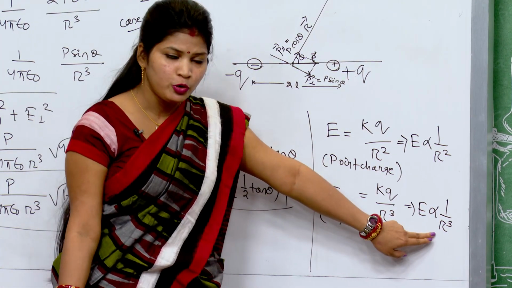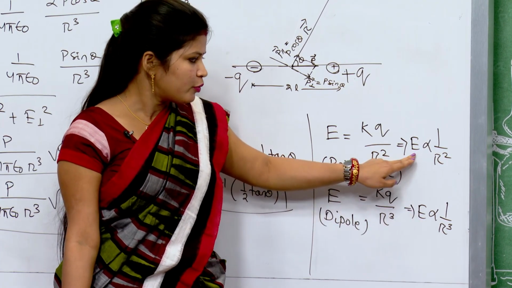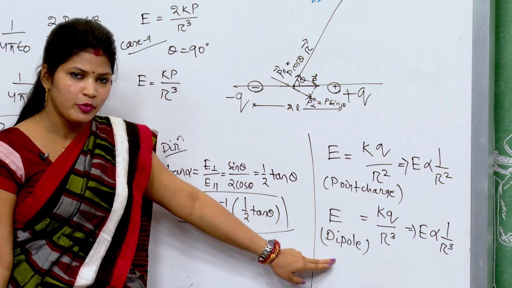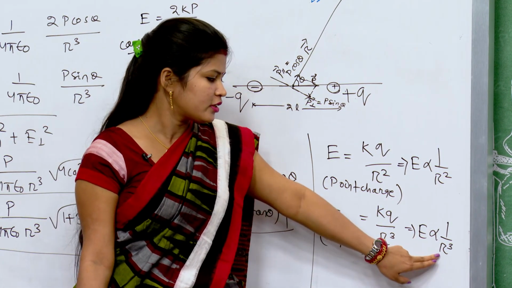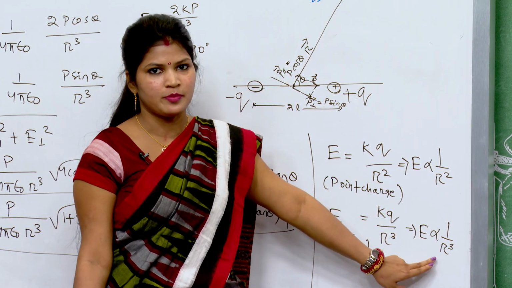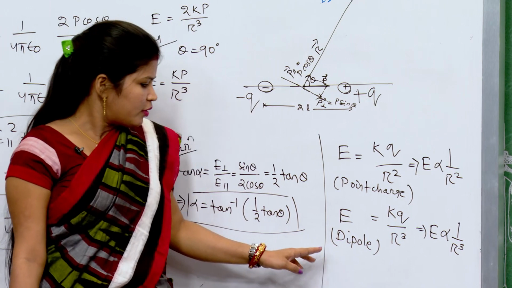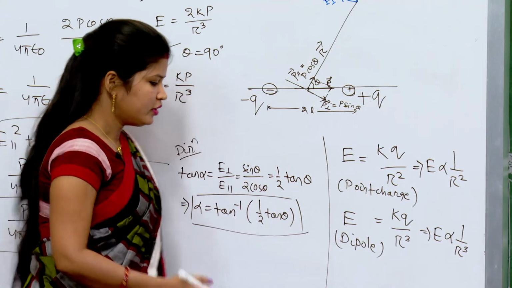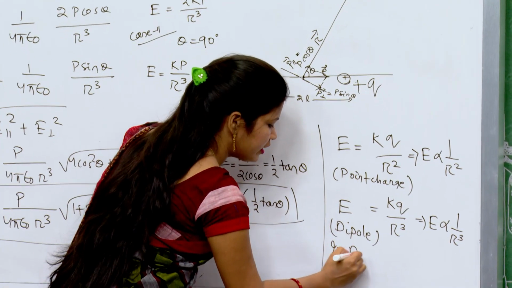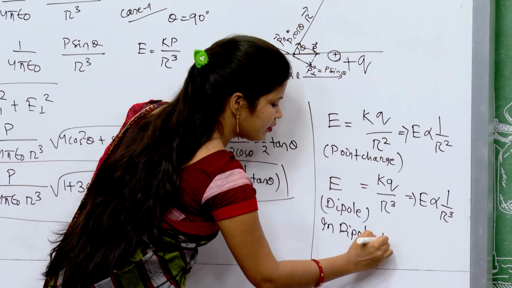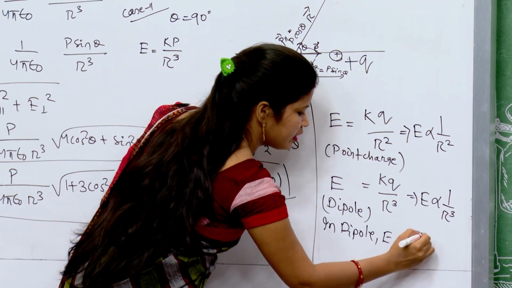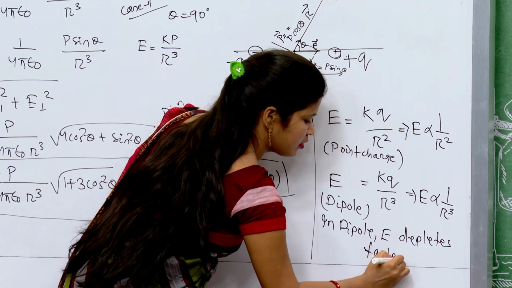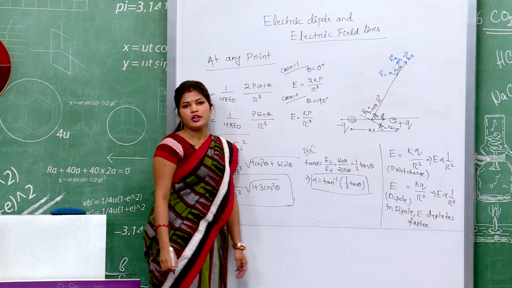That is, at 2 meter distance the electric field will deplete 4 times in the case of a point charge, and in the case of a dipole it will deplete 2 to the power 3, that is 8 times. So where does the electric field deplete faster? In the case of a dipole. So note down that in a dipole, the electric field depletes faster.